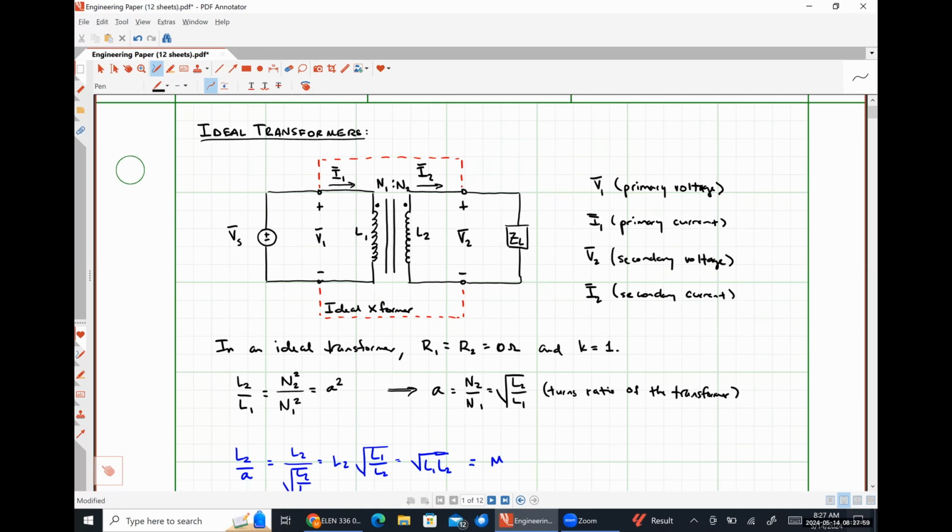Our transformer is just there, really converting energy around, making voltages larger or smaller depending on what A is. And as we're going to find out, it's going to have an inverse relationship with the current. And we're going to figure that out by looking at complex power, okay?